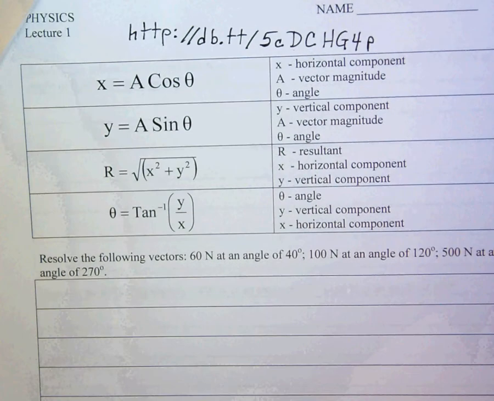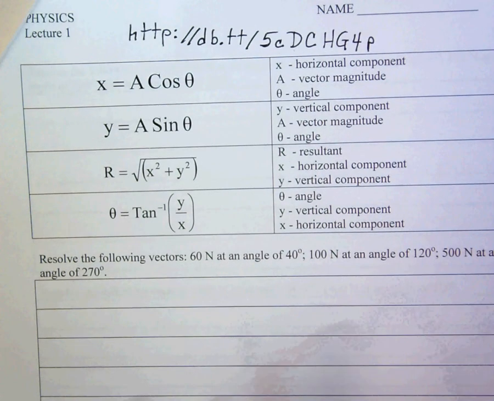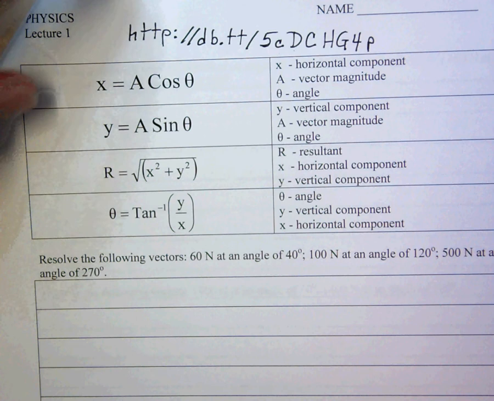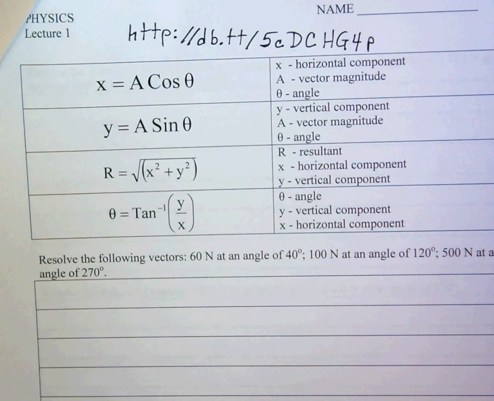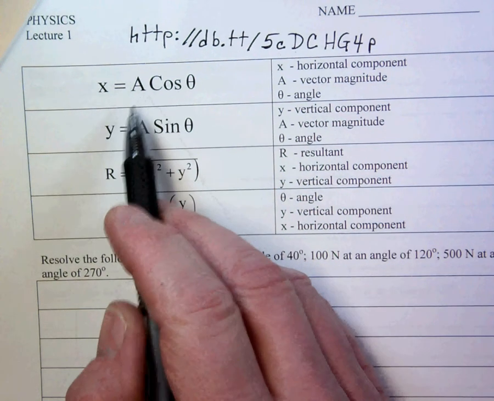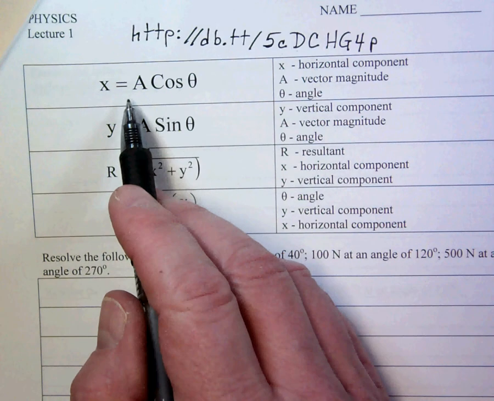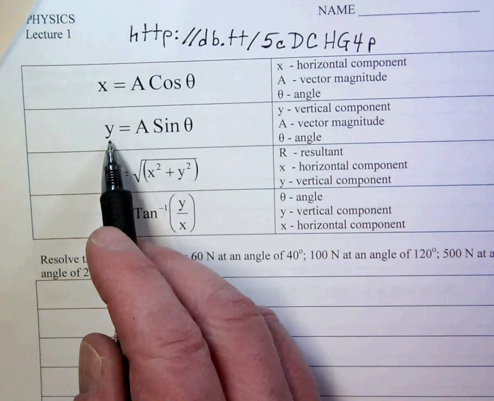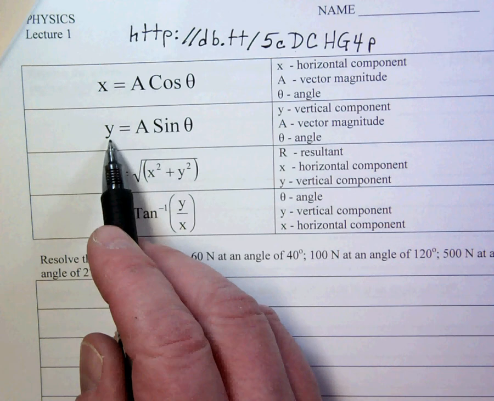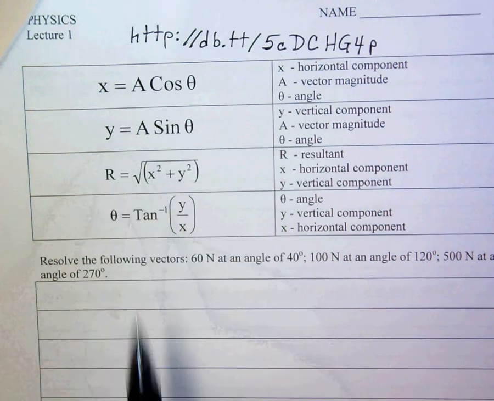Before we get started in 2 dimensions, we're going to resolve our vectors. These equations, you probably recognize these in math. This is nothing more than finding the x component of a line. This is nothing more than finding the vertical or y component of a line.